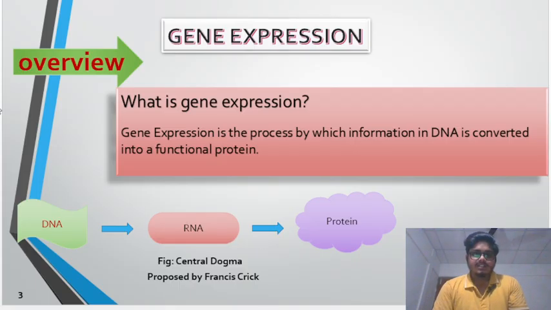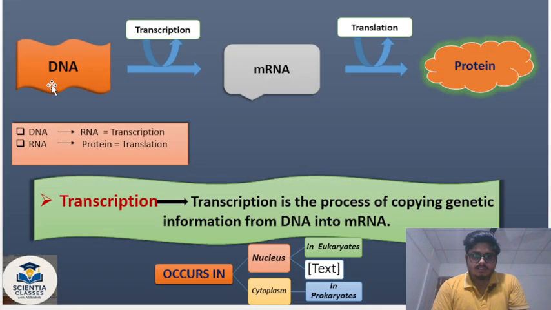Now, in the gene expression process, here the DNA is there in the diagram. DNA into mRNA, this process is called transcription. In transcription, the DNA has the genetic code that will make protein, which is copied by mRNA, that is messenger RNA, and there is a helper enzyme which helps to copy the DNA.